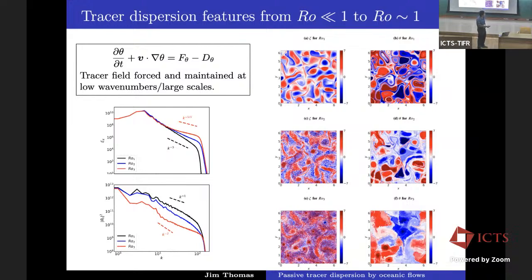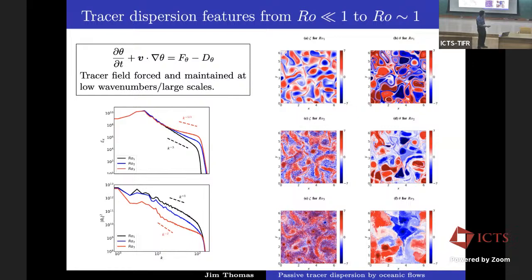And these are plots that show how energy and tracer field is distributed across a big number of scales. So when you look at the flow energy, this is the energy spectrum. Here, the red curve is the sub-mesoscale flow, this one. This is a shallower spectrum, which is telling us that it has more energy at small scales, concomitant with what you see here. Correspondingly, when you look at the tracer spectrum, this red curve is the tracer spectrum that corresponds to this setup.